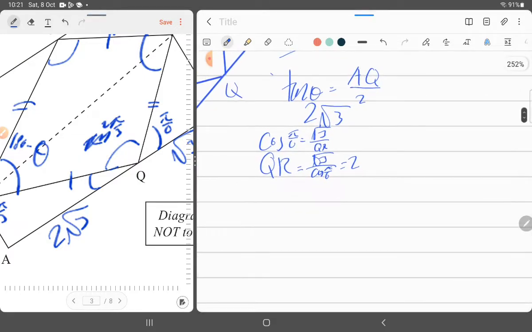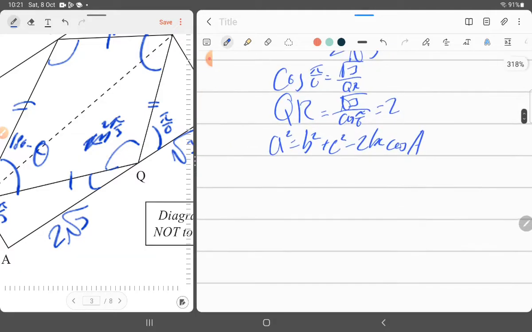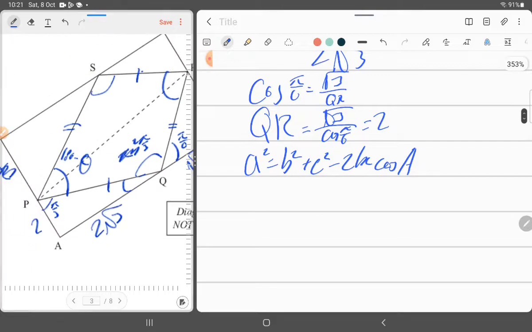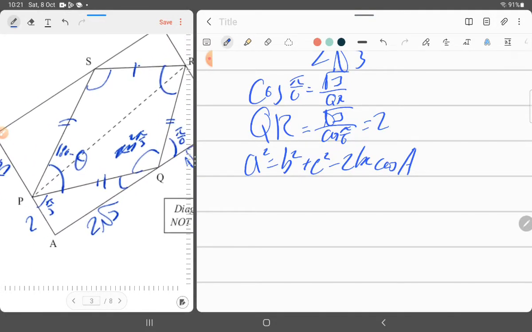And then the cosine rule is a squared equals b squared plus c squared take away 2bc cosine A. So, wait, no, we need to get the distance. PQ squared is equal to 2 squared plus 2 square root of 3 all squared. 4 plus 12.